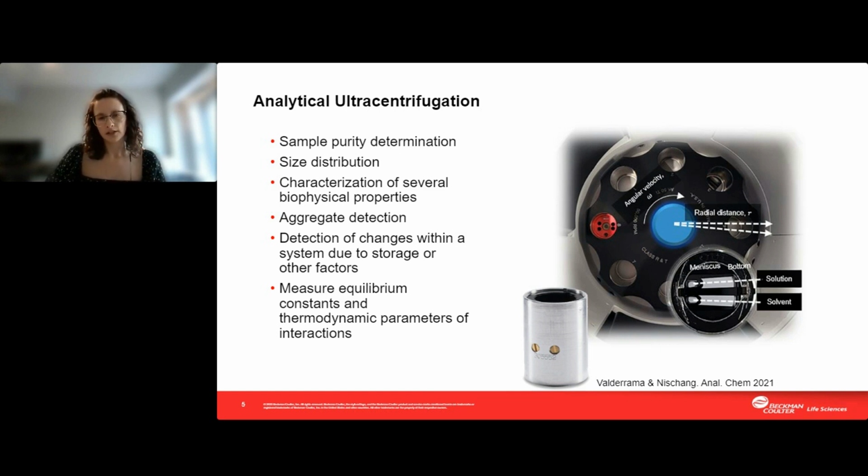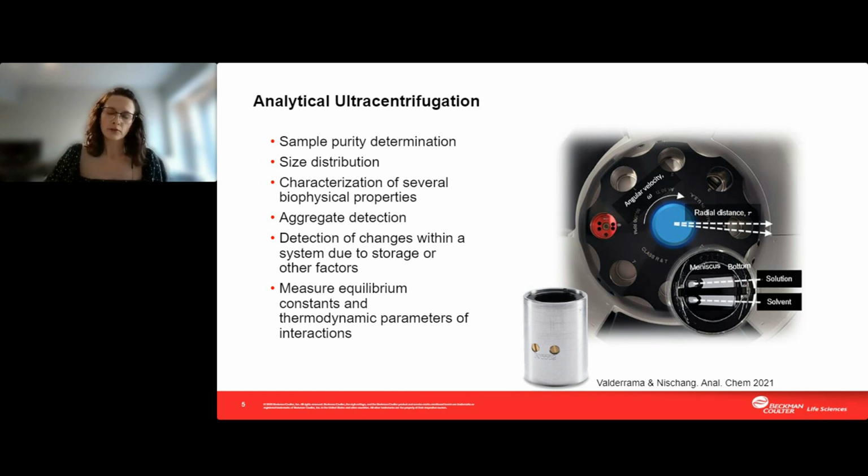Each AUC cell can hold up to 2 samples, one in each of the different channels here. When you put it inside of the rotor, it's facing straight up like imaged in this photo. During centrifugation, a light will be flashed onto the sample, and below the sample there's a detector that's able to monitor the absorption of the sample during the progress of the run.